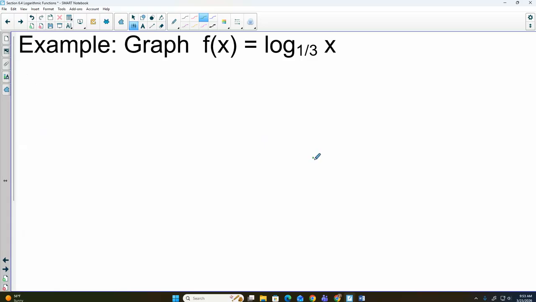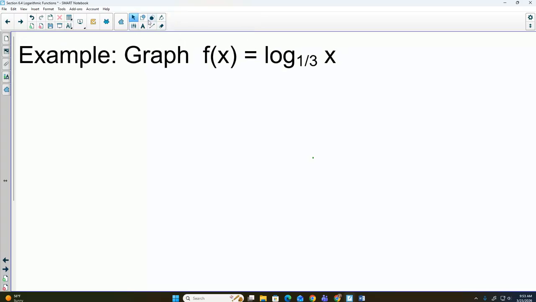All right. Let's graph this one. f of x equals log base 1/3 of x. f of x is the same thing as what variable? So if you prefer to write y, you can.